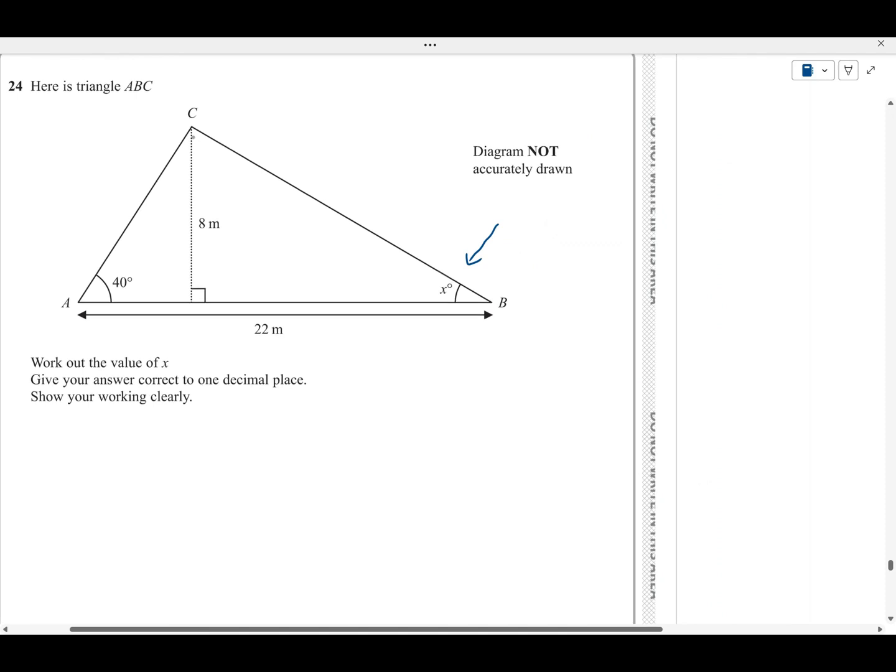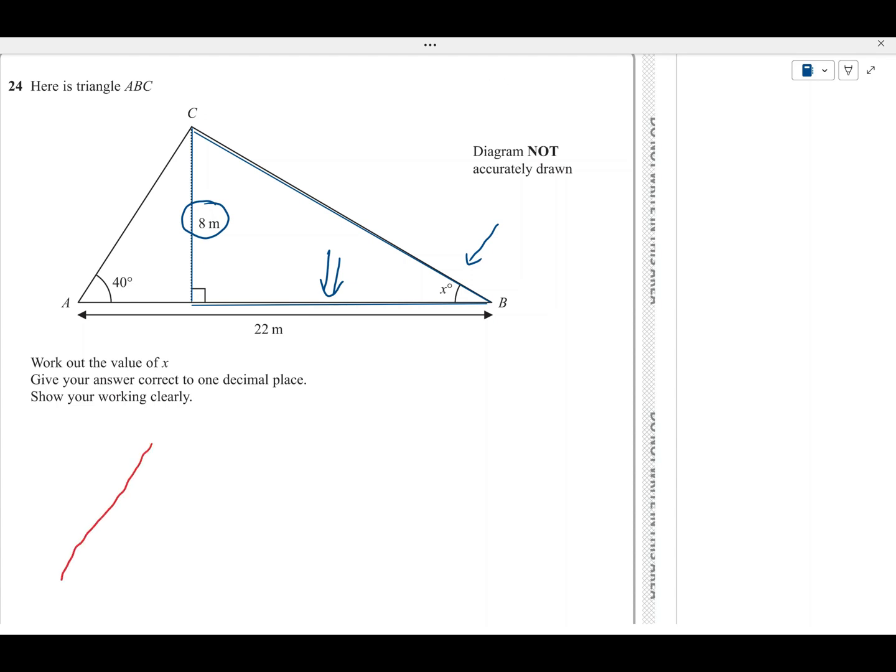Right, well, this triangle here, the one that goes from there to there to there, that's the right angle triangle x is in, isn't it? I've got the 8. I need another side, so then I could use SOHCAHTOA. I wonder if I could find that side. Oh, I'll tell you what. Look at the triangle on the left.